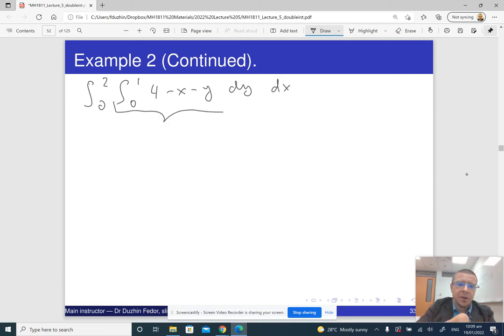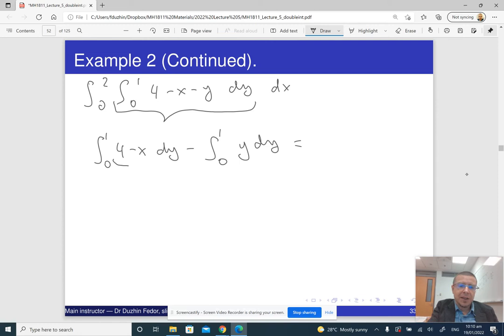So first, let me do the inside integral. And again, I find it convenient to split it into two parts: one that has y, and the other one that does not have y at all, right? So this is going to be the integral from 0 to 1 of 4 minus x dy, minus the integral from 0 to 1 of y dy. Why do I think that this is convenient? Because I can take this and take it out.